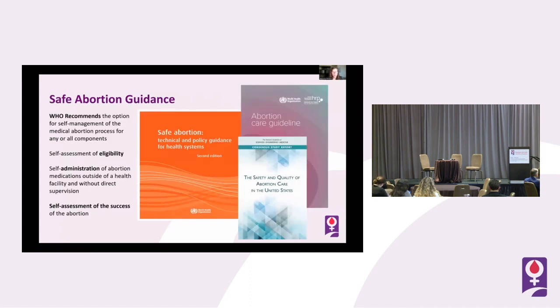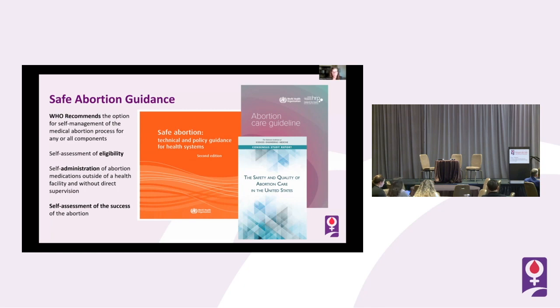Guidelines for safe abortion are laid out by the World Health Organization, including guidance for management of post-abortion care, including people presenting to the health system after illegal or unsafe abortion. Of note, WHO distinguishes self-managed abortion from unsafe abortion, including self-assessment of eligibility, administration of medications outside a health facility, and self-assessment of the success of the abortion.